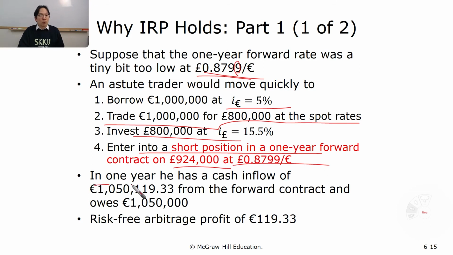Then in 1 year, he has a cash inflow of 1,050,119.33 euros from the forward contract, okay?